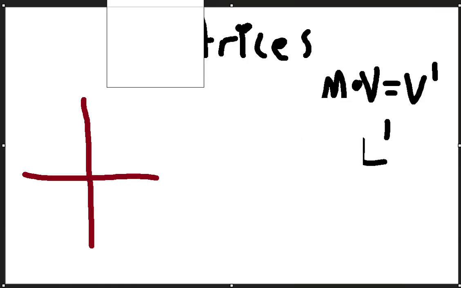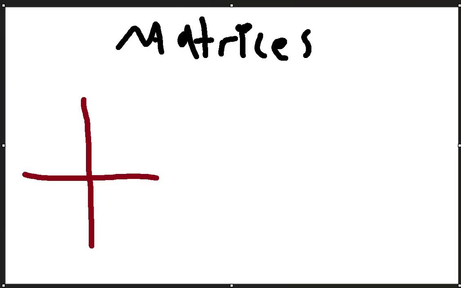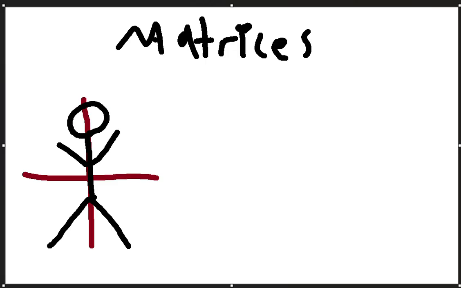Where this is really important is in computers. So let's say that we have a stick figure, and all the hands and feet are actually defined by vectors. So we can have a vector here.